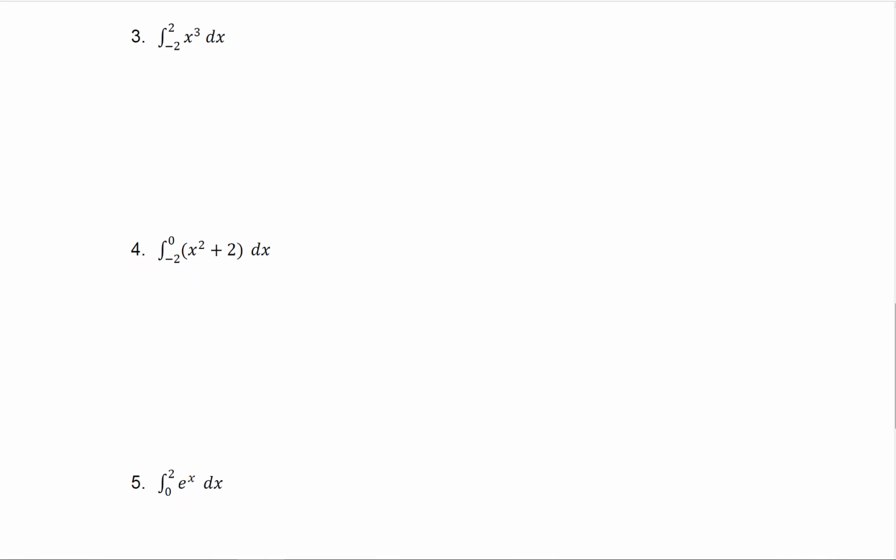All right, example 3. So the integral from -2 to 2 of x cubed dx. So find the general antiderivative first. We know the antiderivative of x cubed is x to the 4th over 4. And we're going to evaluate that from -2 to 2. So substituting in 2, this is 2 to the 4th over 4, minus (-2) to the 4th over 4.